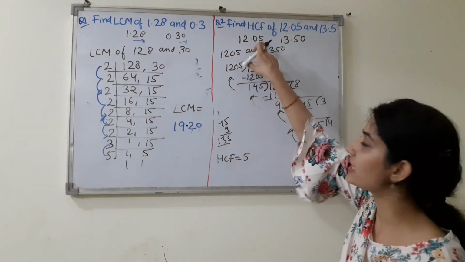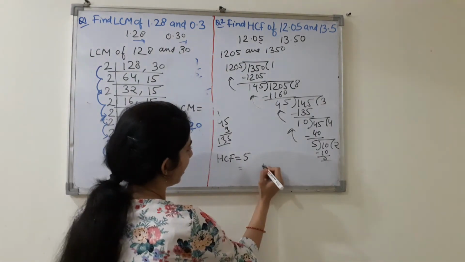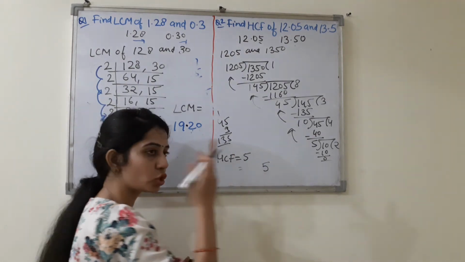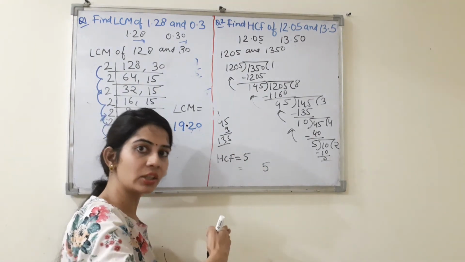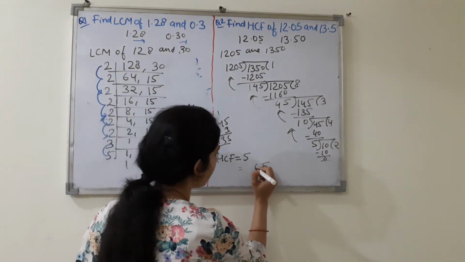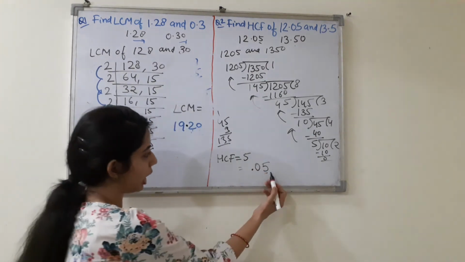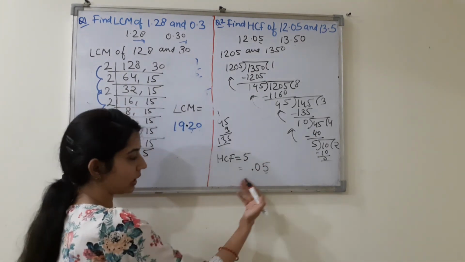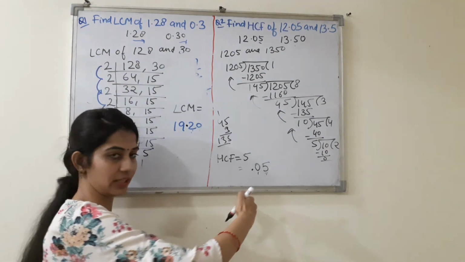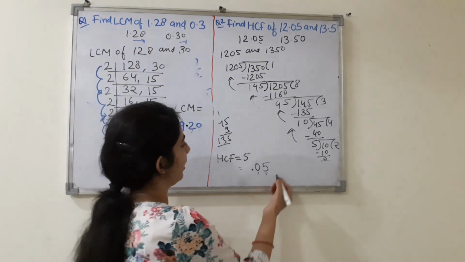As we have 2 digits after the decimal, from the back of this 5 there should be 2 digits, and after the 2 digits you put the decimal. As we have only 1 digit, we put 0 and then the decimal. So your answer is 0.05.